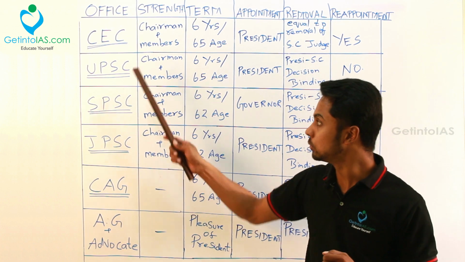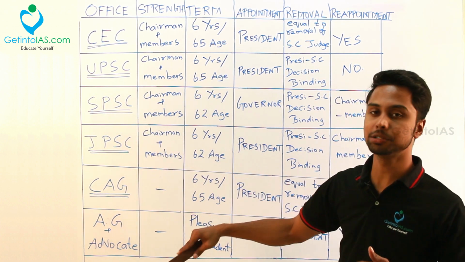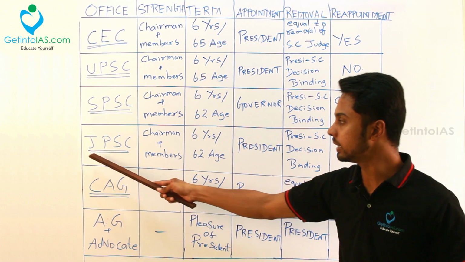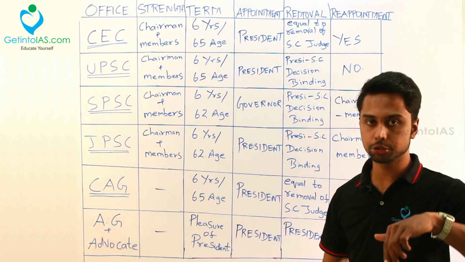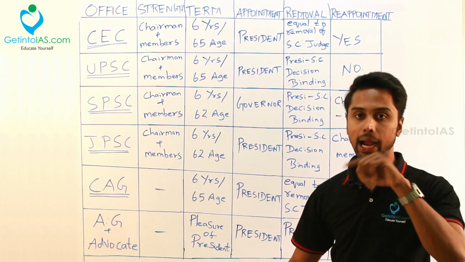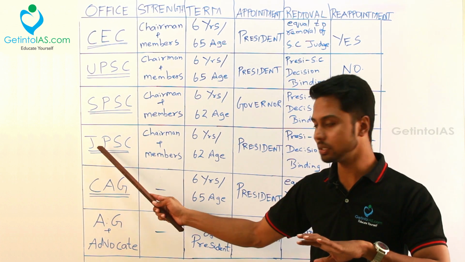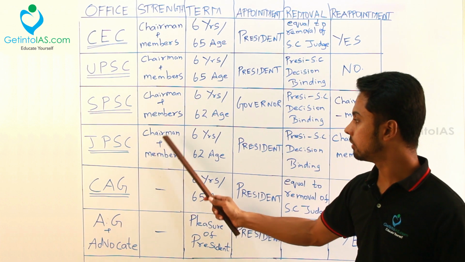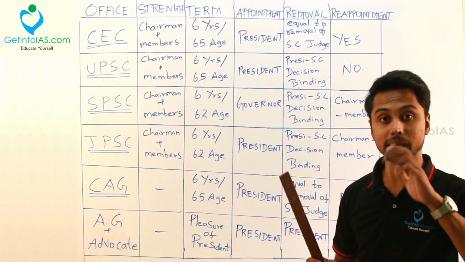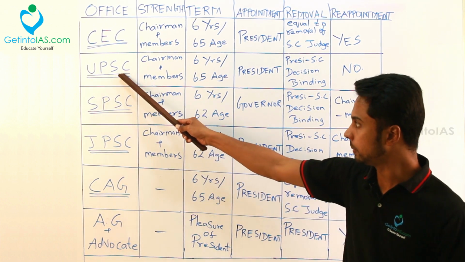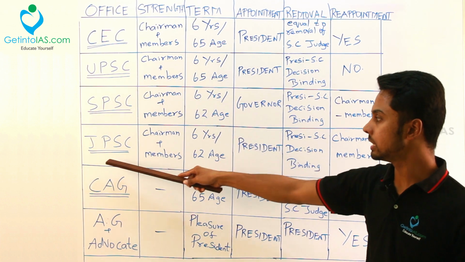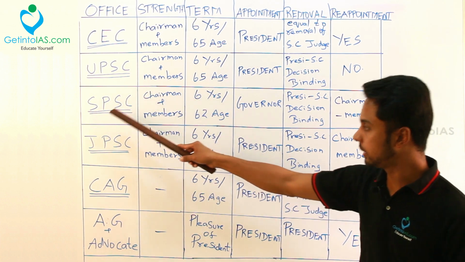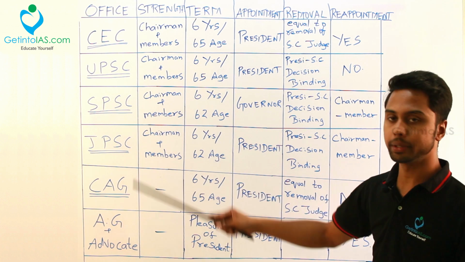So UPSC and State Public Service Commission are both constitutional bodies, while JPSC is mentioned in the Constitution but formed by an act of Parliament. The strength of UPSC and JPSC is fixed by the President, but for the state commission it is fixed by the Governor.